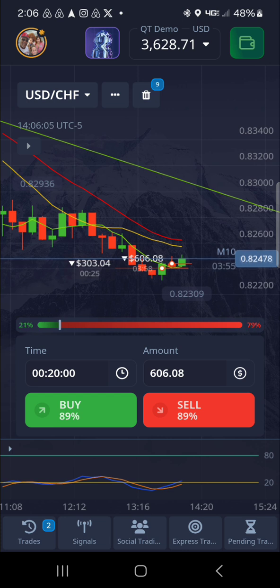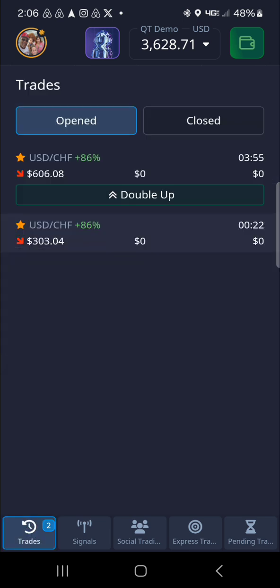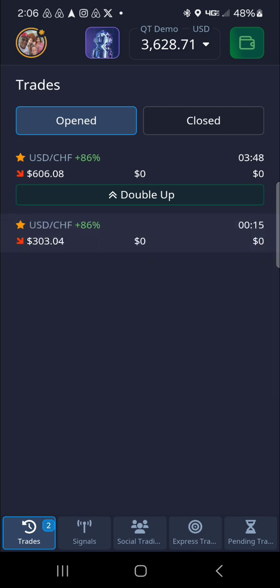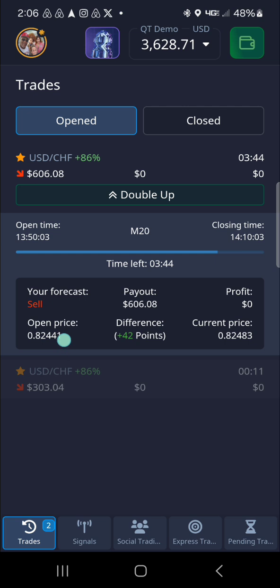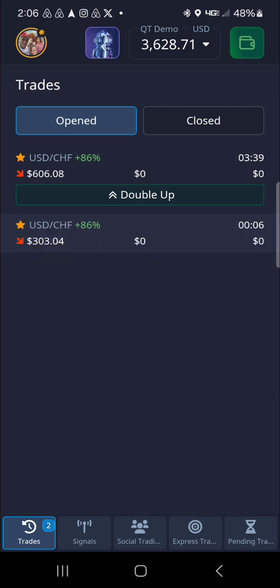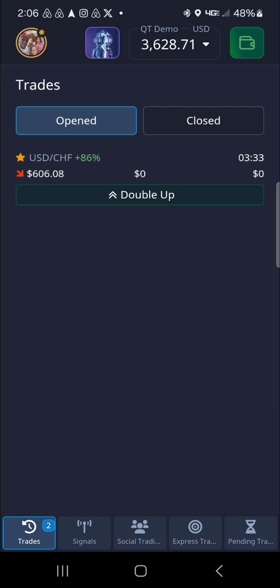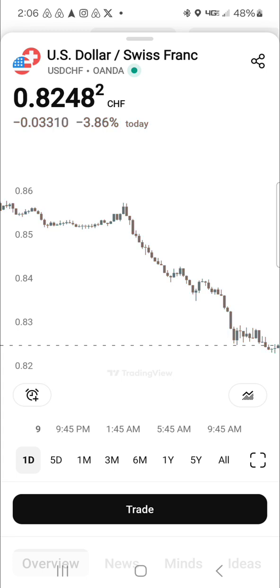So we pretty much need it to drop to, if you look right here, it shows my sell price. It was 8244, then 8240 around there. So okay, that one's already closed, and I'm pretty sure I lost that one. Yeah, lost that one. So the last one, my only hope is that TradingView drops down to 8244.